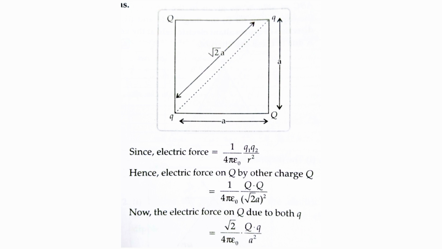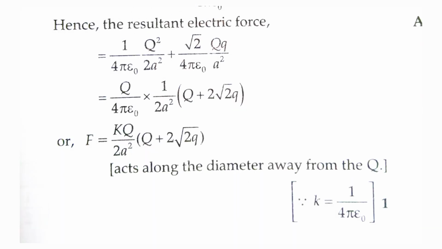Now we can add the two electric forces. The resultant electric force will be the sum of these two: 1 by 4 pi epsilon 0 Q squared by 2 a squared plus root 2 by 4 pi epsilon 0 Qq by a squared. The common factor is Q by 4 pi epsilon 0 into 1 by 2 a squared.